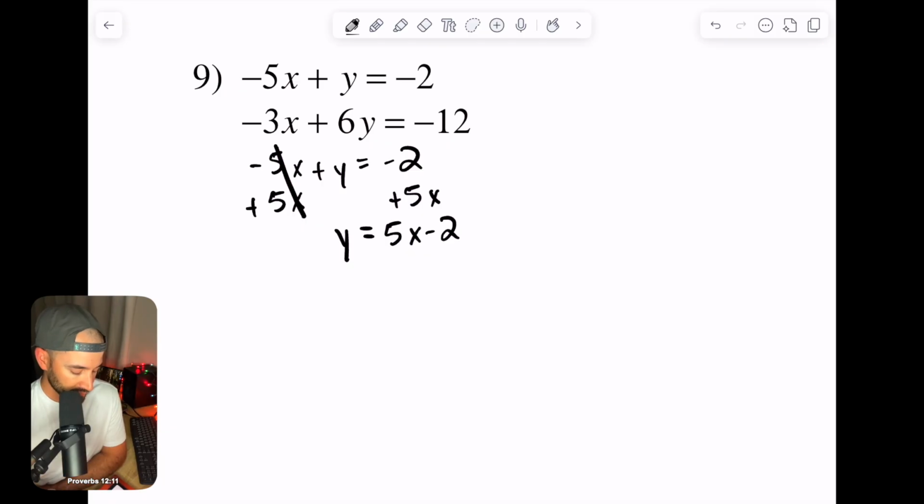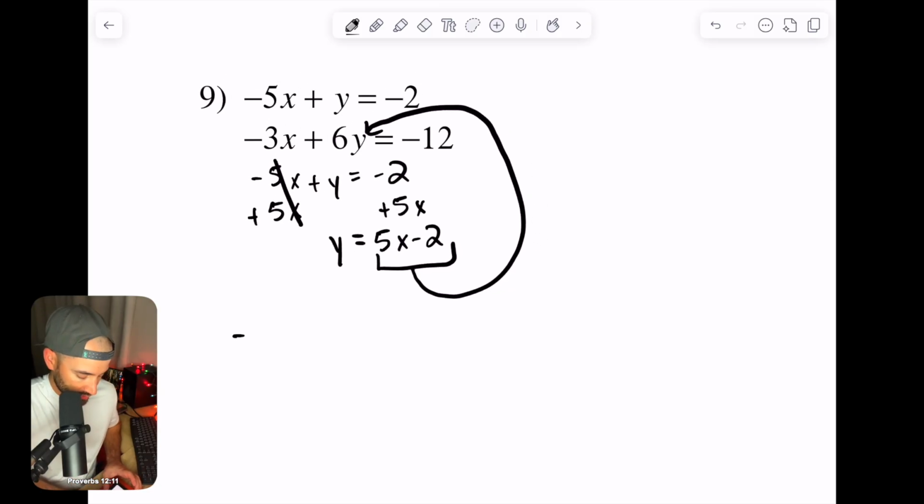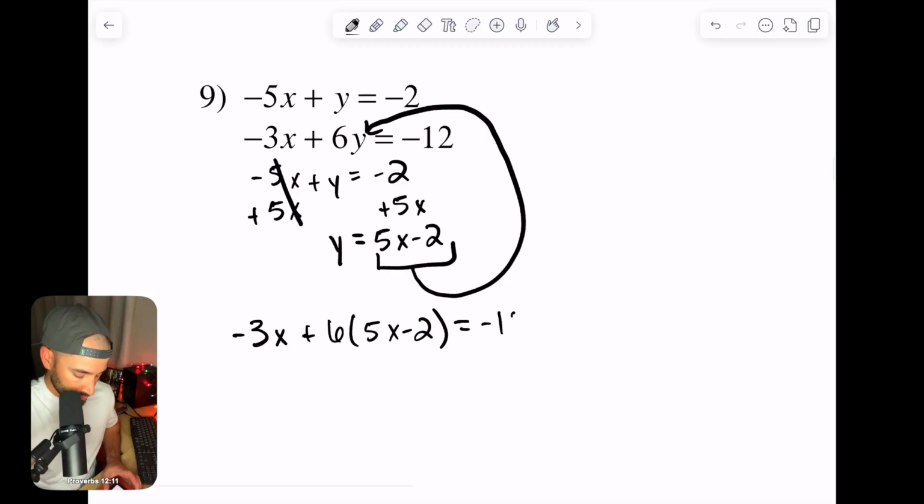So now that we have that equation set up, I am going to take it and plug it in, substitute it in for y in the other equation. So that's going to look like negative 3x plus 6 parentheses 5x minus 2 is equal to negative 12. And it's the same steps we've been doing every time. We're going to distribute first.